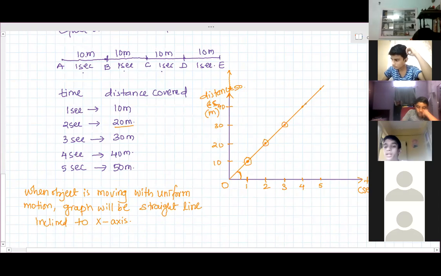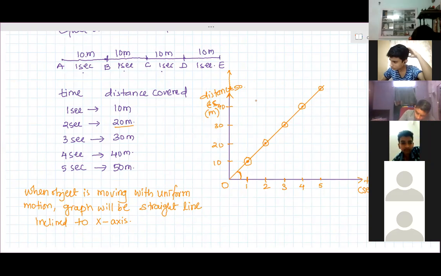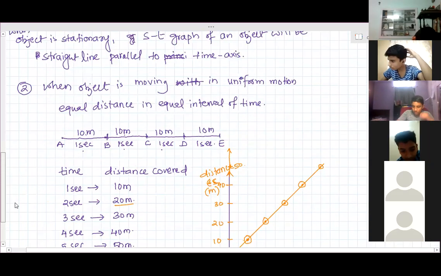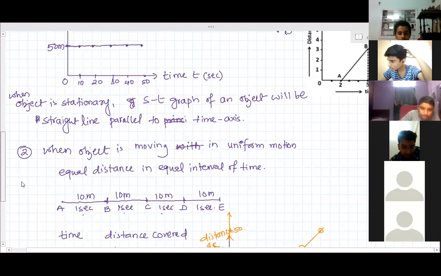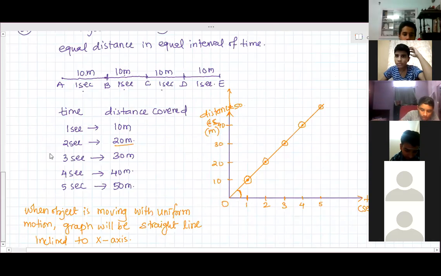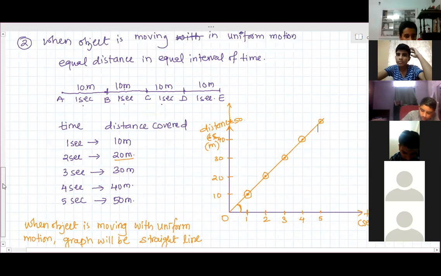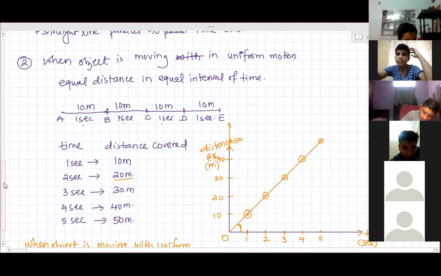Now who has not written, write it down. You have written the earlier part? Everyone has written for the stationary object? Yes, ma'am. Then write down for uniform motion.